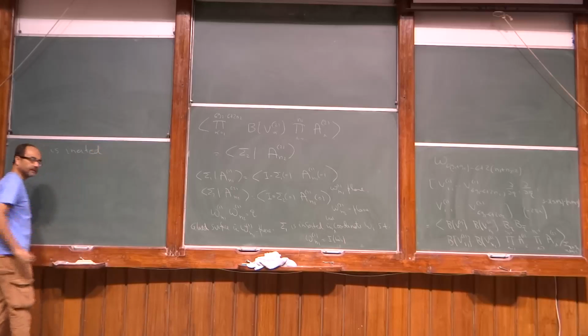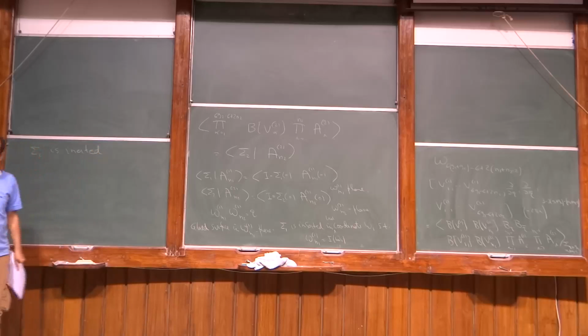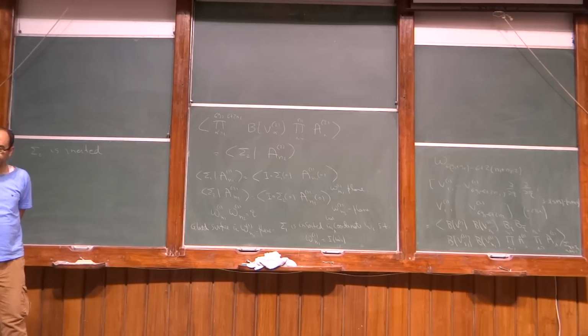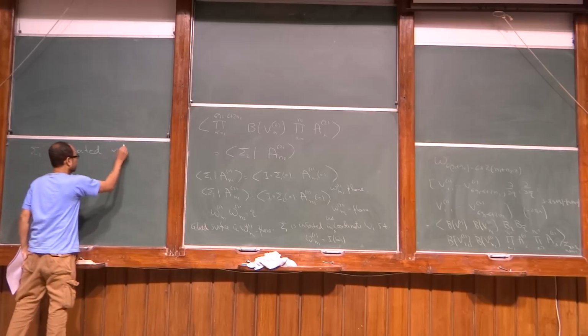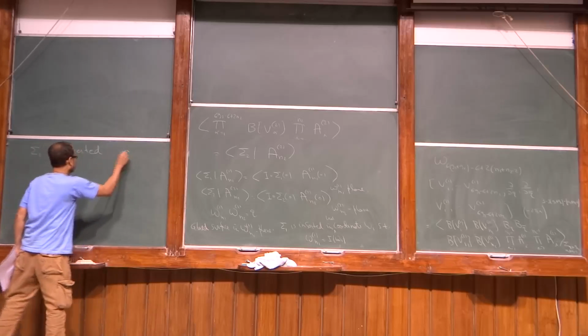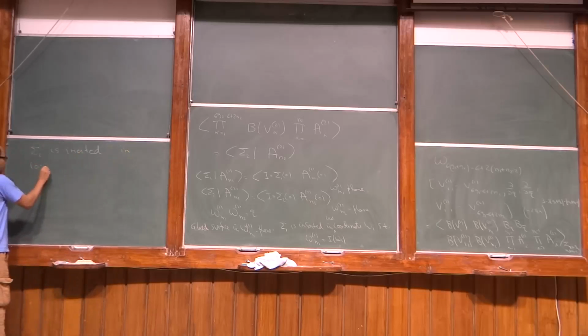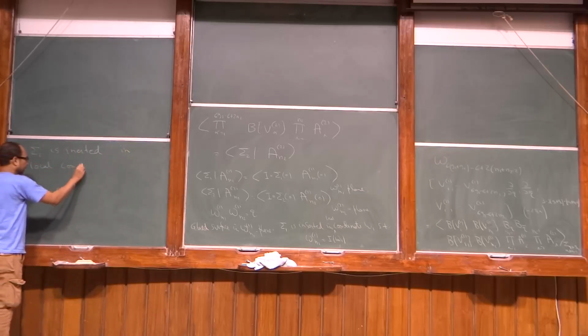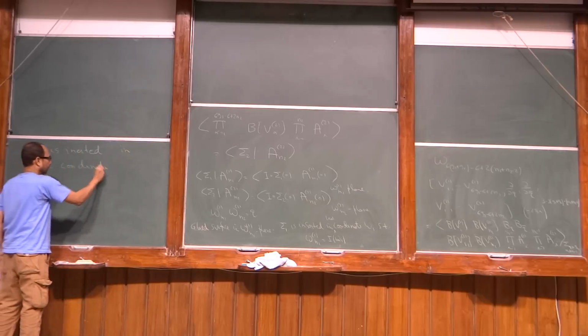The second amplitude, that means omega 1 N1 and omega 2 N2 are identified with this relation. We'll just do a coordinate change of omega 2 N2 to omega 1 N1. So let's say sigma 2, the second insertion, is inserted in local coordinate W2.